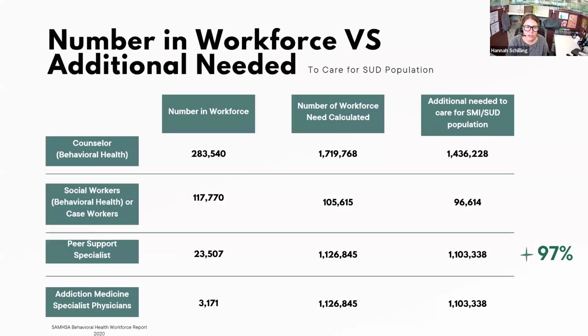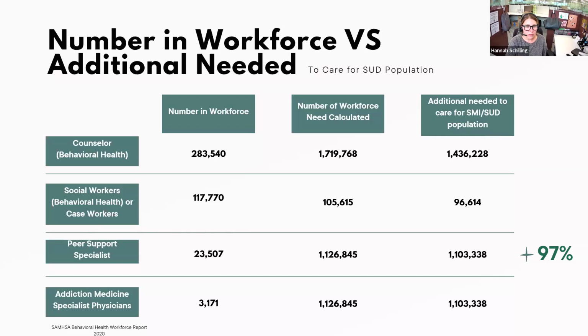This is one of the challenges, though, that when we look at the workforce in relation to how many people are needing services that would qualify for peer support, right now the number in the workforce is 23,000. Now, this was in 2020, so that's a little bit antiquated, but data takes some time to get current.